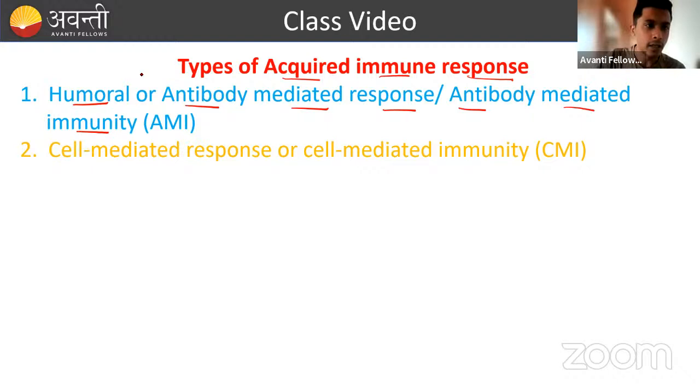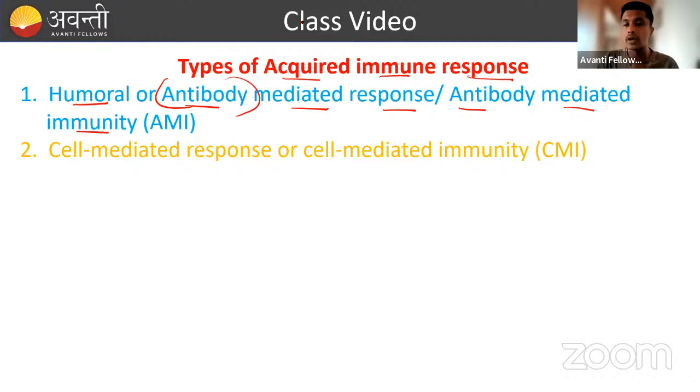If you see this, the name itself has the answer, right? Antibody mediated. Now you can try to relate who is responsible for producing antibodies and which cells participate in humoral immunity.